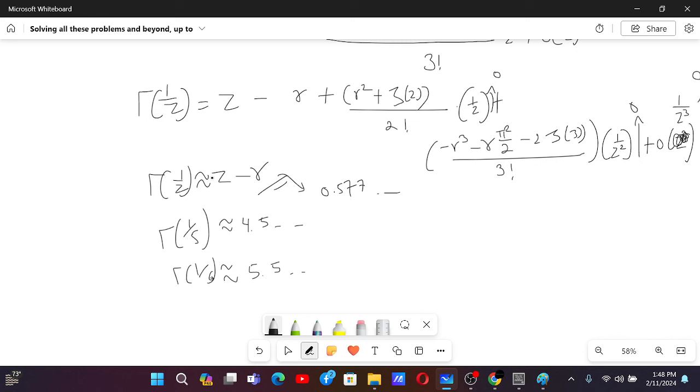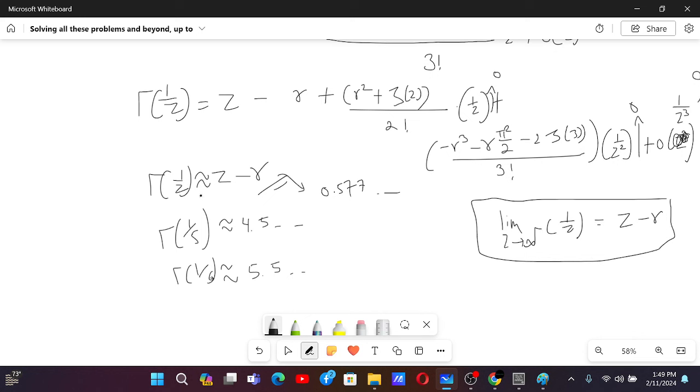So this approximation also works for somehow bigger values of z, and it actually works if z is going to infinity. If z is going to infinity, gamma of 1 by z is actually equal to z minus the Euler-Mascheroni constant. But for these values also you can use this approximation to get the values.